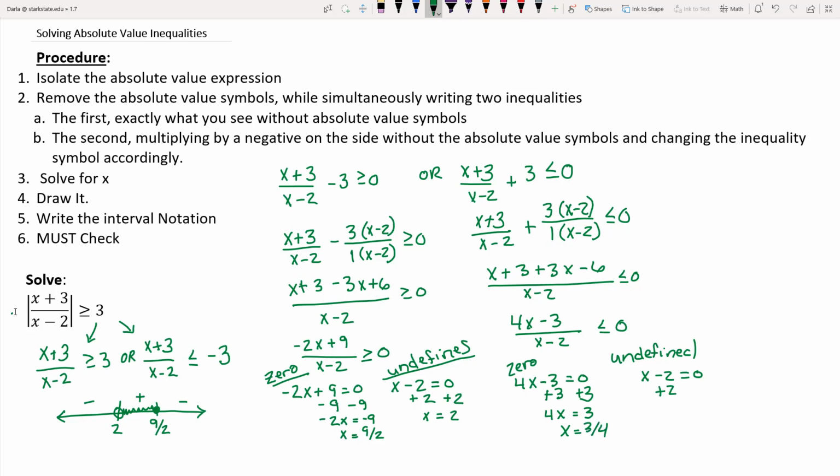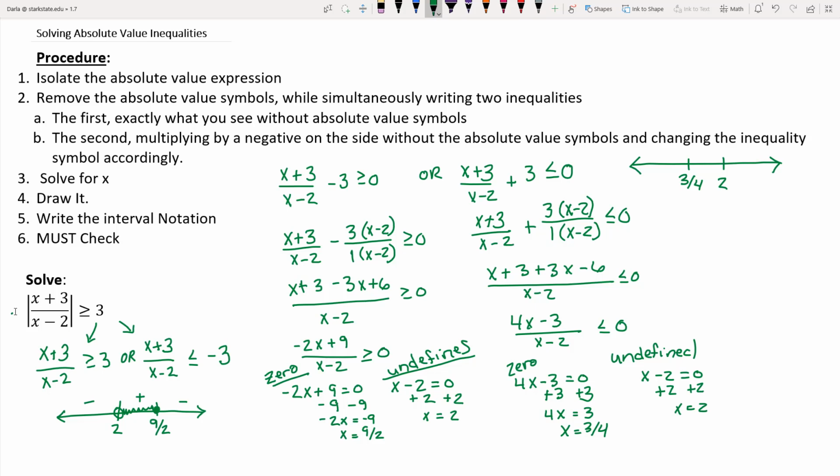Add 2 to both sides here. x will be 2 is an undefined. So the number line that corresponds to this piece, I'll write up top here. 3/4 is to the left of 2 on a number line because it's smaller.